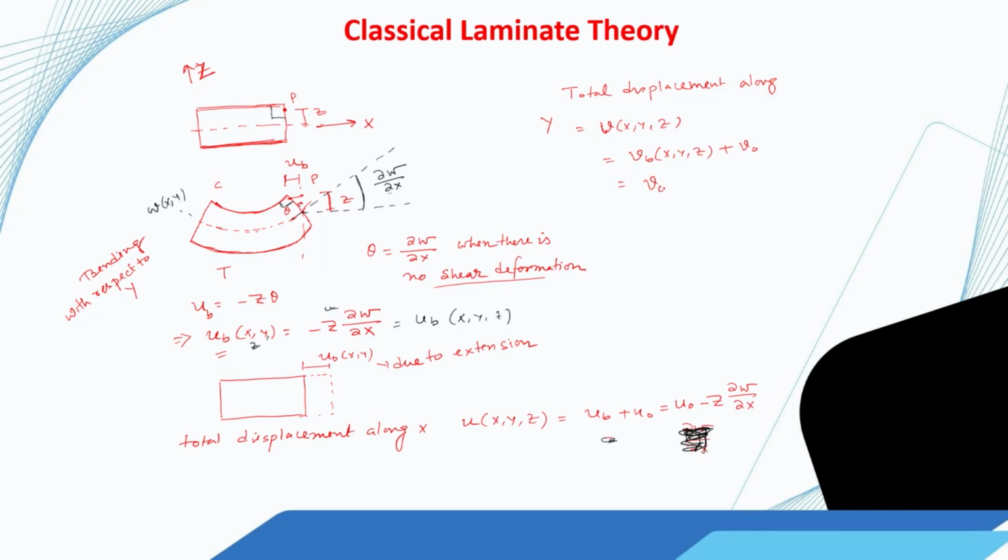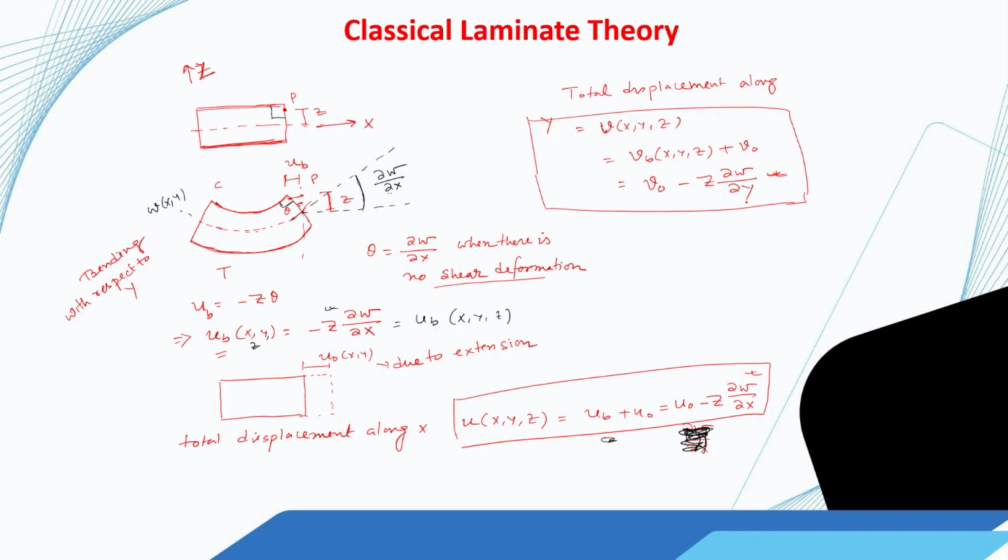So, that can be written as v 0 minus z into del w by del y. Now, this quantity comes from bending with respect to y axis and this comes from the bending with respect to x axis. So, these are very important kinematic relations using which we will define all the stiffness terms for composite laminates.